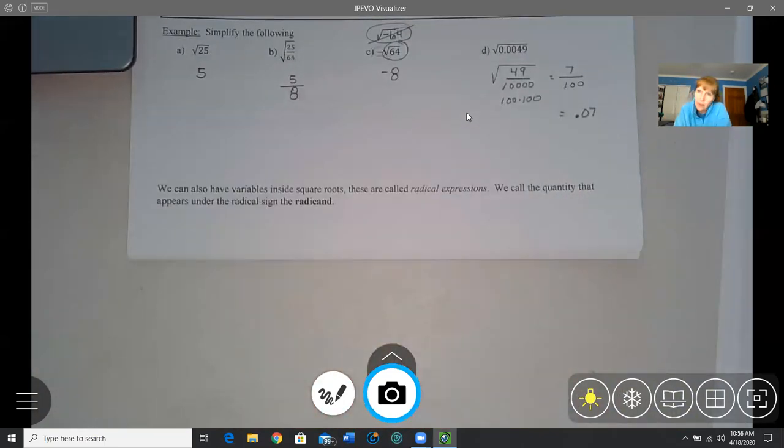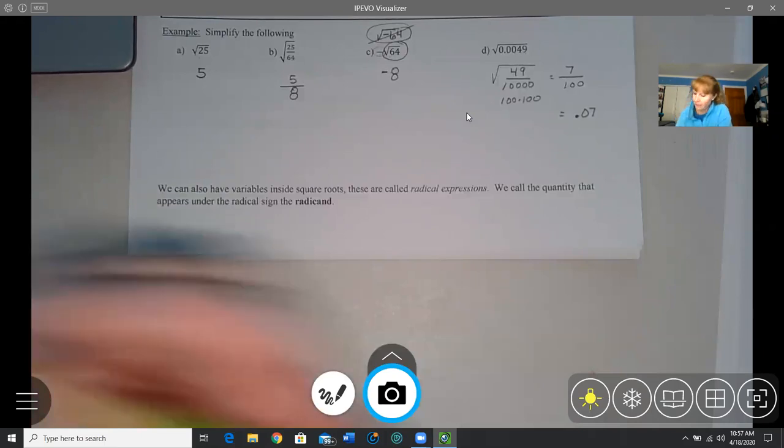We can also have variables inside. So this is maybe something that you haven't done before, so this may be the new part. We can also have variables inside of square roots. These are called radical expressions, just like we had rational expressions, fractions, in the last chapter. We call the quantity that appears under the radical sign the radicand.